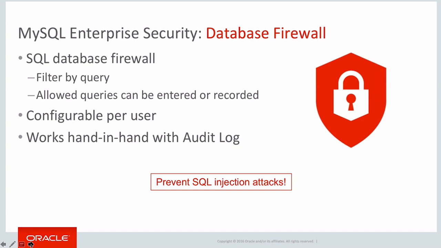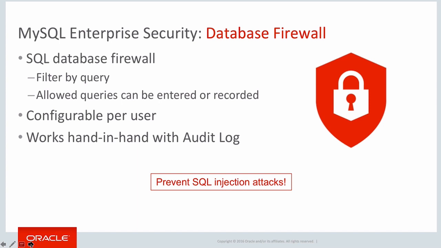It runs in multiple modes, so you can have it just record and alert you if certain queries are being executed that are outside of the whitelist that you created. Or you can have it, as it's running, alert you and also block queries that are outside the whitelist. So you create a whitelist on a per-user, per-connection basis, and that is what Enterprise Firewall allows you to execute.